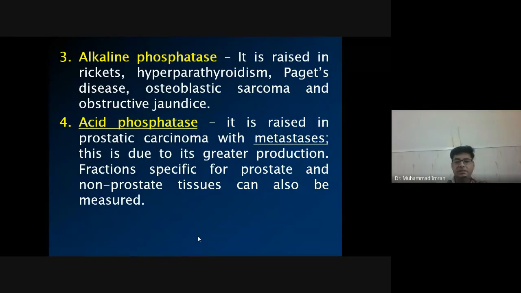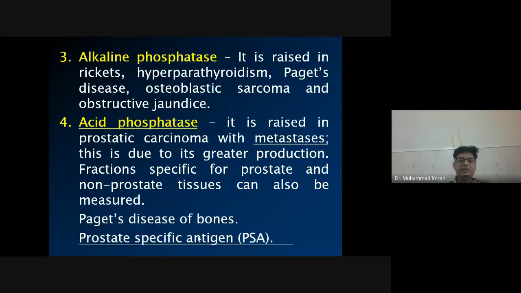Acid phosphatase is raised in prostatic carcinoma with metastasis. This is due to its greater production during cancer. Factors specific for prostate and non-prostate tissue can also be measured. In Paget disease of bone, it is also increased.